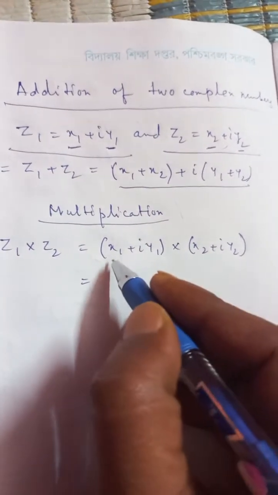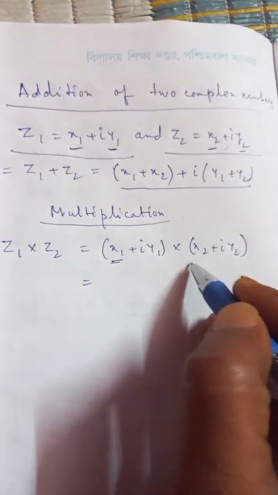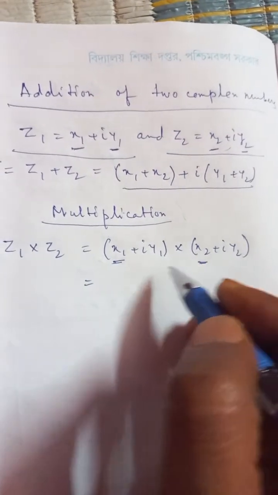Here the real parts of the two complex numbers are x1 and x2.